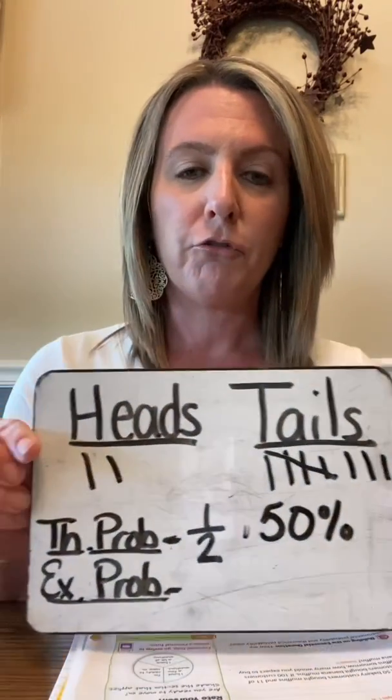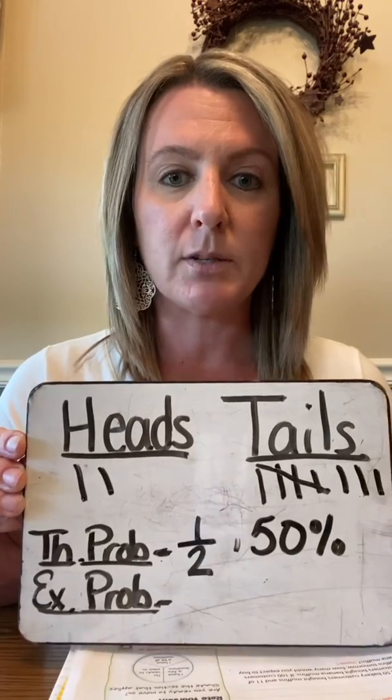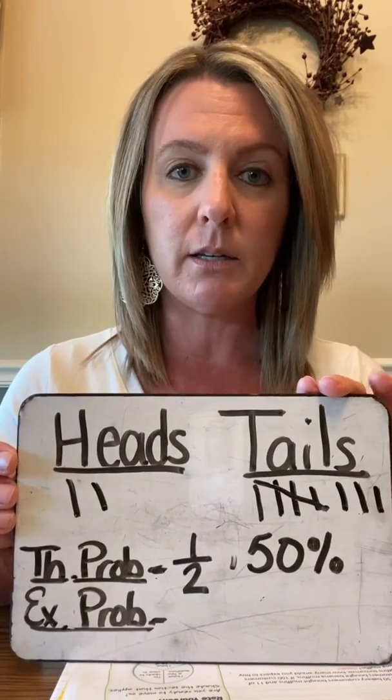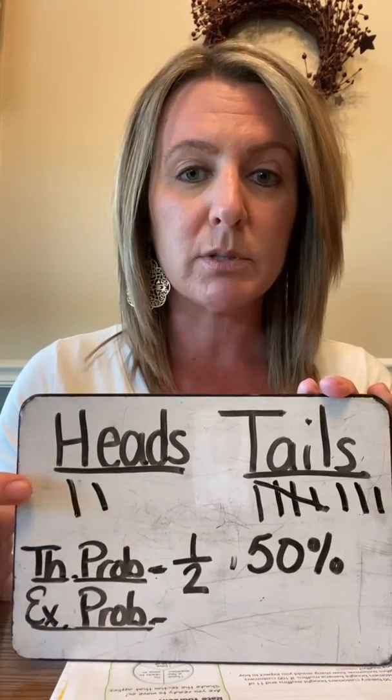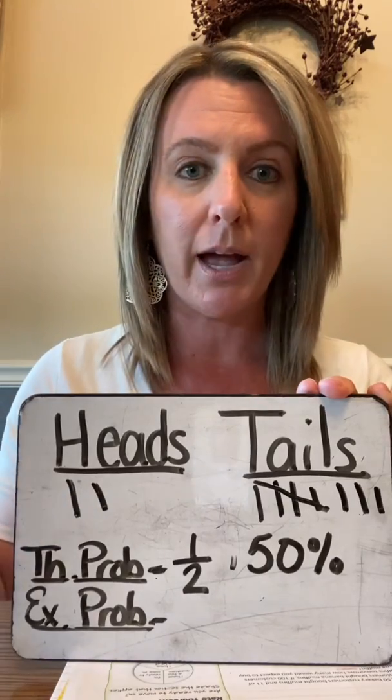Okay, guys, I'm back with the results from our 2 little experiments. So here were the results from the heads and tails experiment. If you notice, out of the 10 tries, heads was flipped twice, while tails was flipped 8 times, okay?